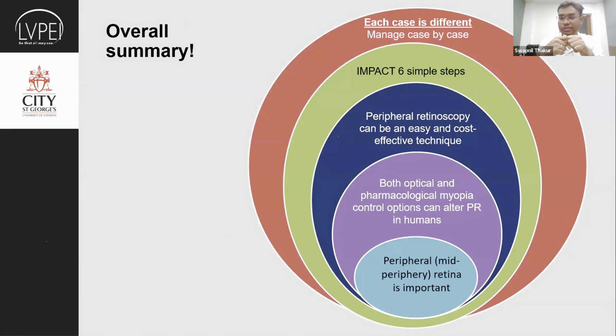Peripheral retinoscopy can be an easy and cost-effective technique. And after we have evaluated the magnitude of relative peripheral hyperopia or myopia, we can use the simple steps of the IMPACT guidelines to tailor our approach, deciding whether we should prescribe defocus lenses or not. And lastly, each case is different, and we have to manage case by case.